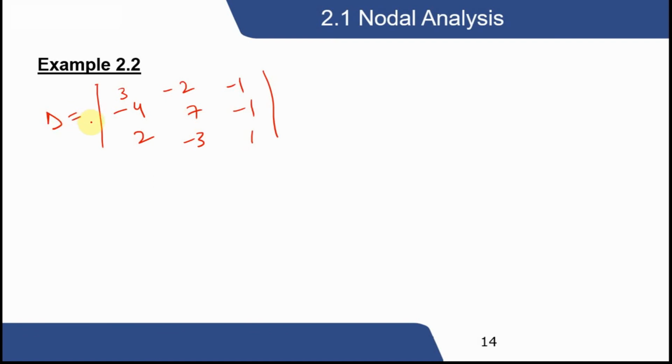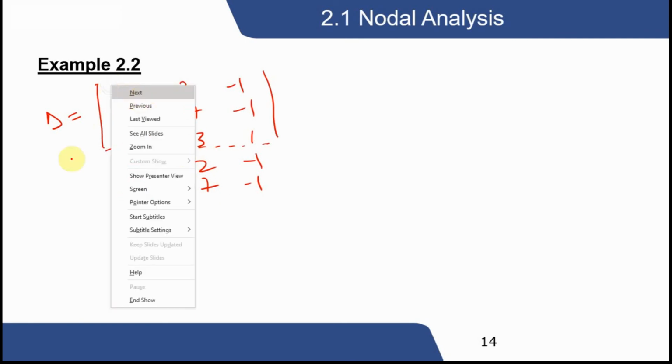What is the way? You extend this. If I make a line so you can understand, I repeat row 1 and row 2 again: 3, minus 2, minus 1, then minus 4, 7, minus 1. This is the way we have to use.